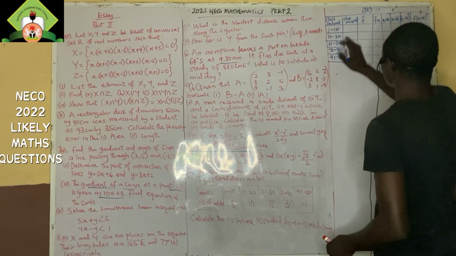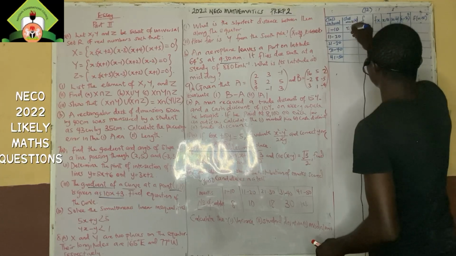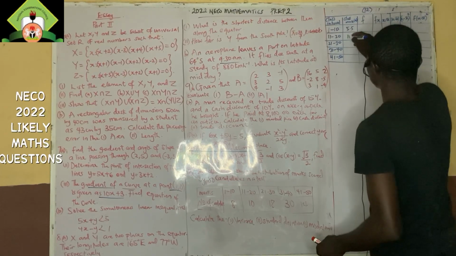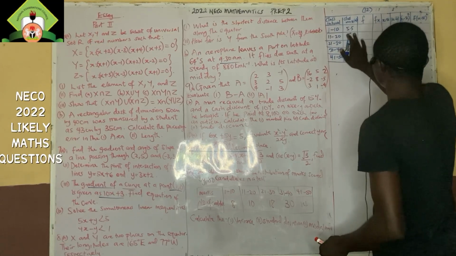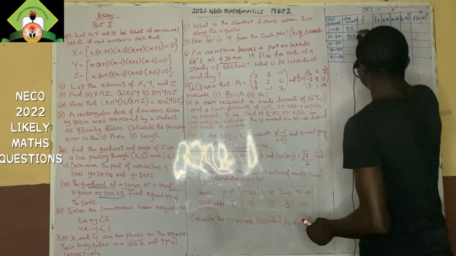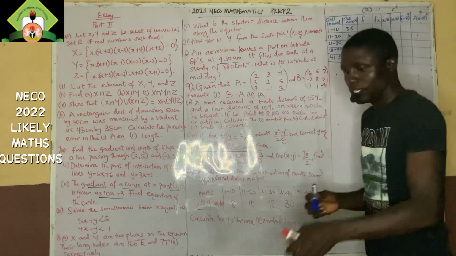Now the middle class will be 5.5. This will be 15.5. You can use your calculator to confirm it.